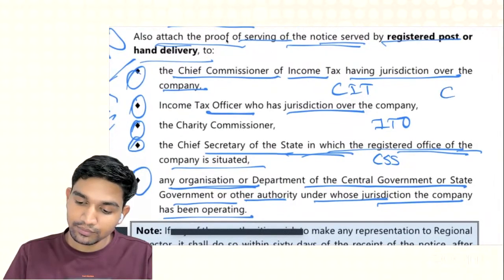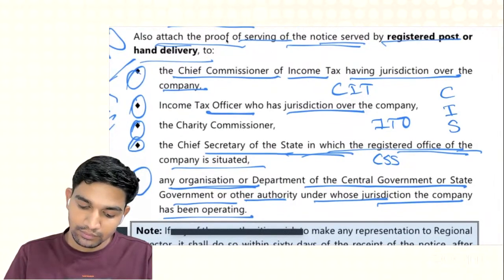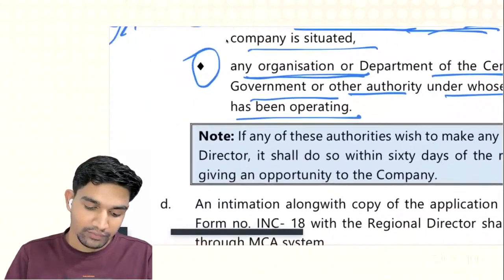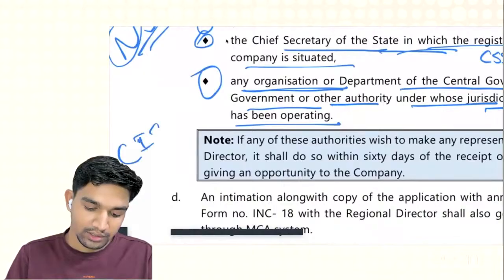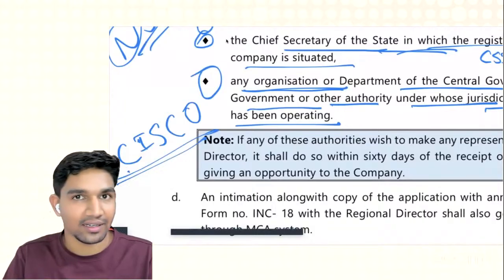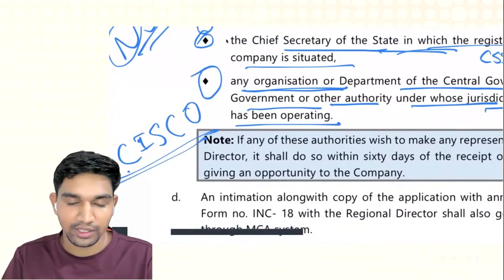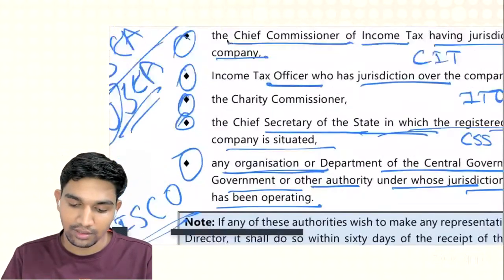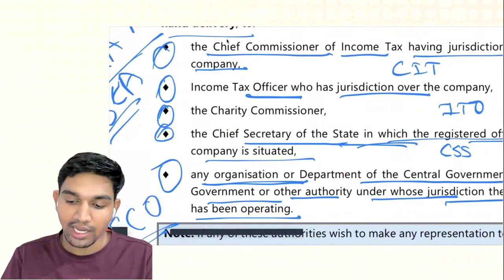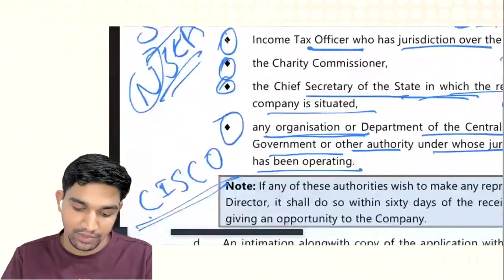So you can remember it as CISCO. Here we have to send the notice to CISCO. First, C is for Chief Commissioner of Income Tax having jurisdiction over the company.